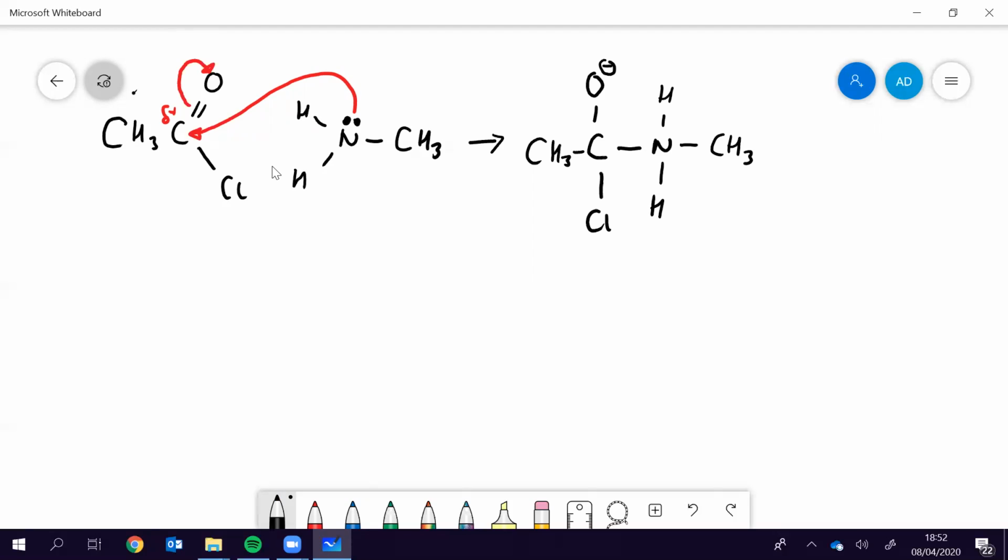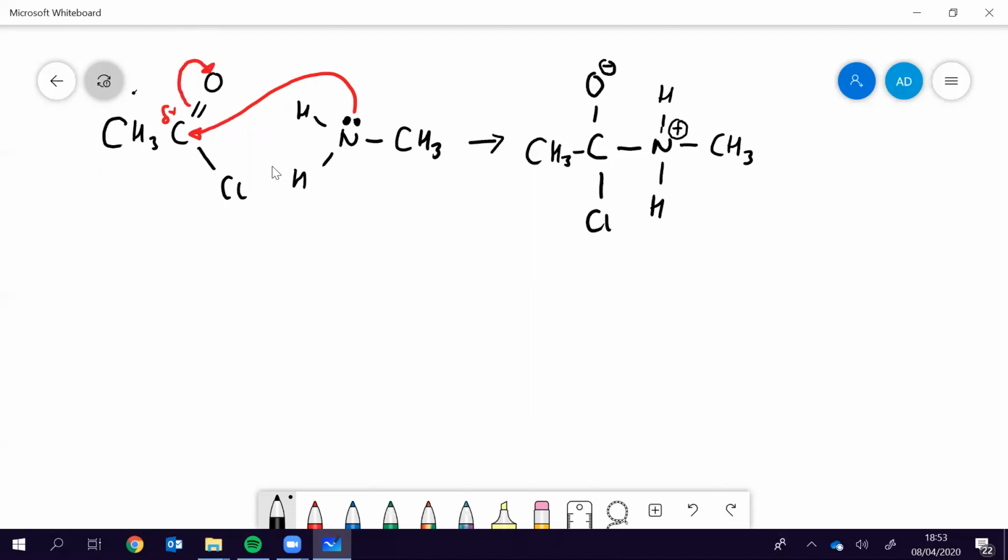And you should realize that you've got two neutral species here: the acyl chloride, which is neutral, and the amine, which is neutral. And we've now got a negative charge on this oxygen. So that means somewhere else we must have a positive charge. You probably realize that the positive charge is going to be on the nitrogen. That nitrogen is forming 4 bonds. Normally nitrogen only forms 3; when it forms 4, it's usually got a positive charge on it.